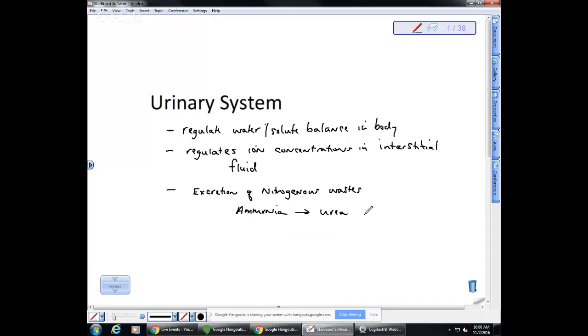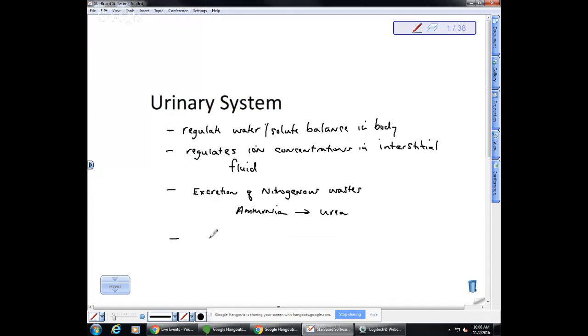And so urea is our nitrogenous waste. Sometimes we can get uric acid also forming in the body, and uric acid crystallizing can sometimes be a problem. So for example, in people that have gout, they get excessive uric acid in certain joints, and that can be very painful, right? But we excrete our nitrogenous waste as urea.